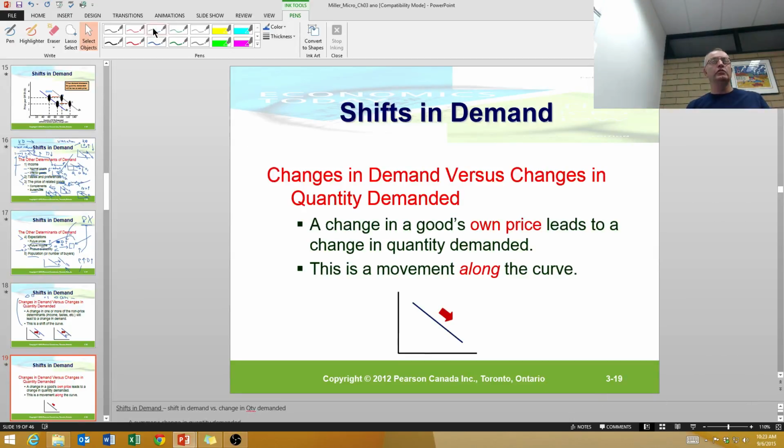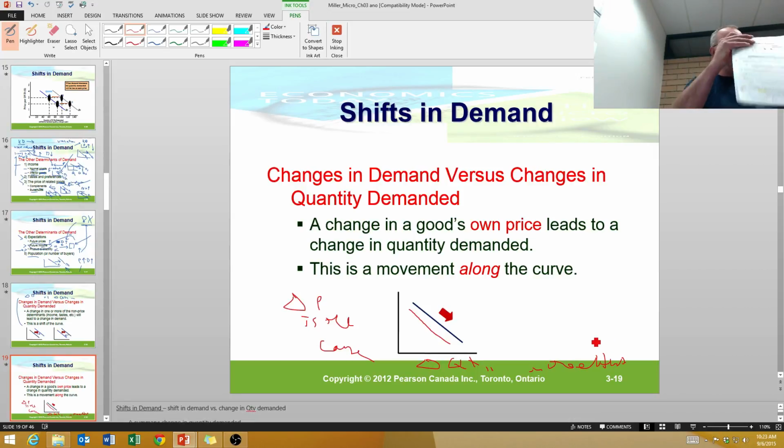So changes in quantity demanded refers to movements along the demand curve. The change in price is the cause, and the change in quantity demanded is the effect. That's the way it works.